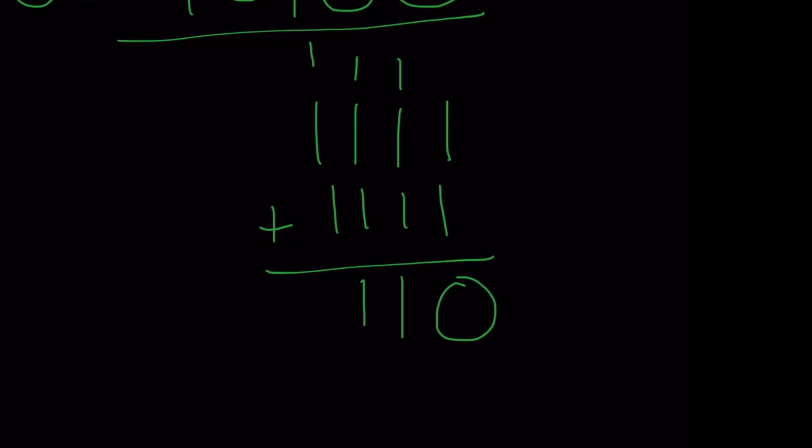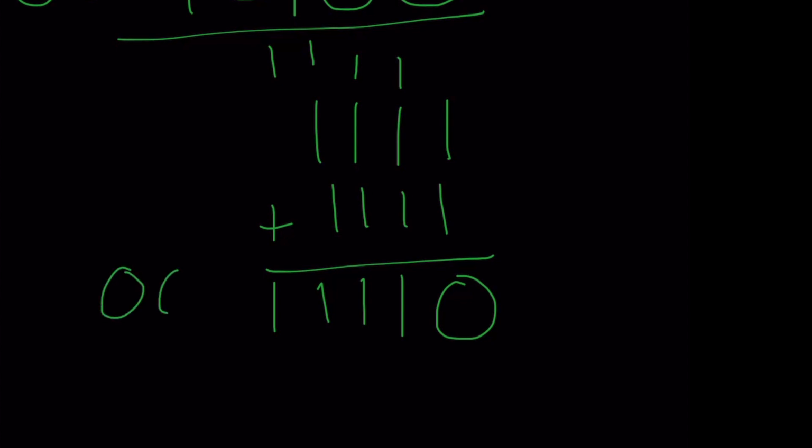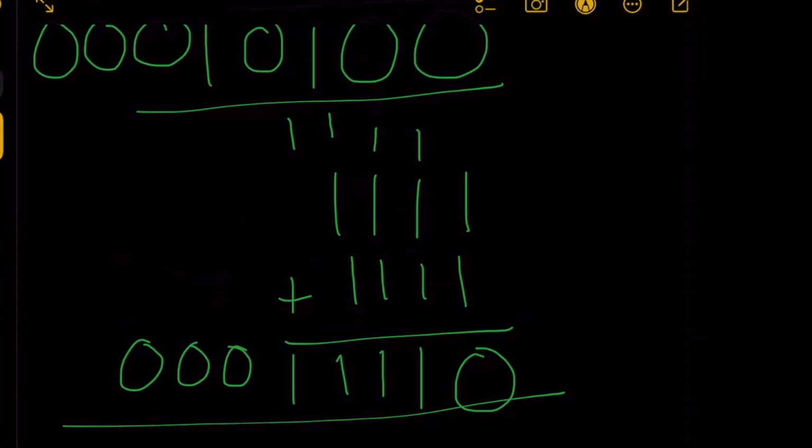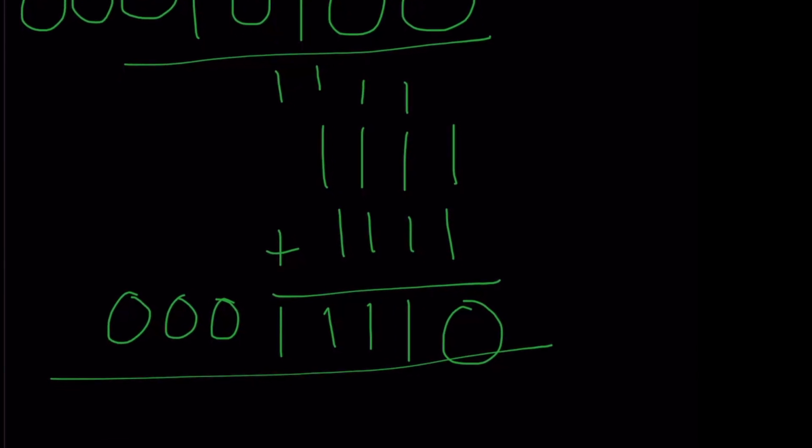And then 1 plus 1 is again 10, but there's another 1, so there'll be 1 at the bottom and 1 being carried over. So our final answer will be 4 ones and a 0. But again, we need to make sure there are 8 digits, so we'll add 3 zeros before the number. The final answer will be 0001 1110.